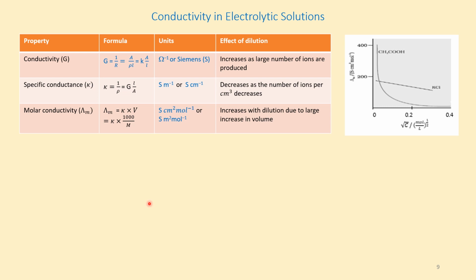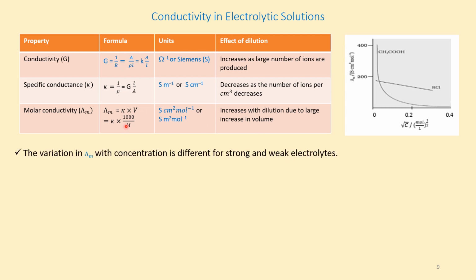The figure on the right hand side of the screen shows the variation in lambda m with concentration. It is different for strong electrolytes and weak electrolytes.